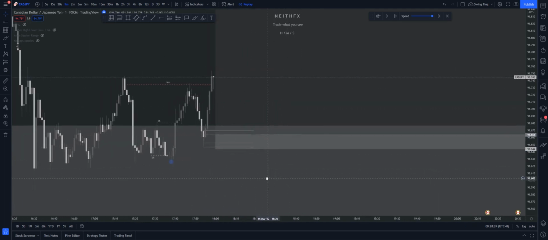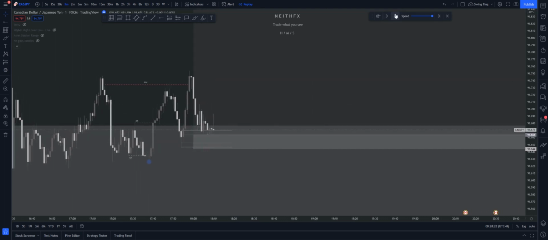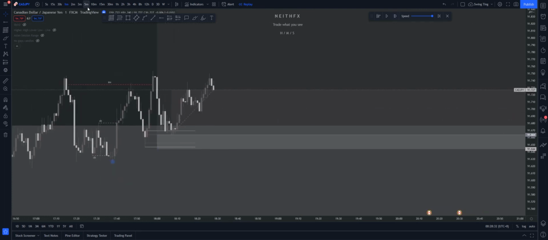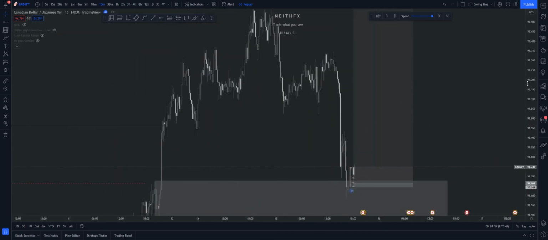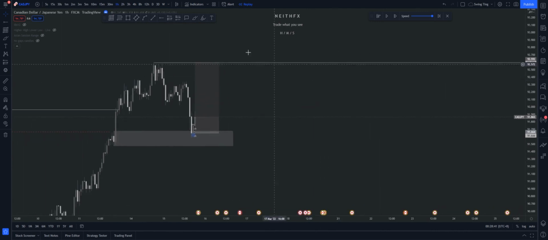So I had my trade there, and essentially what we did was we came back, we tapped into it, and we pushed off. Now for me, usually what I do, in terms of the swing style, is conceptually speaking, if price was to follow through with this, it should essentially sweep the previous high, because that's how bullish order flow is created.